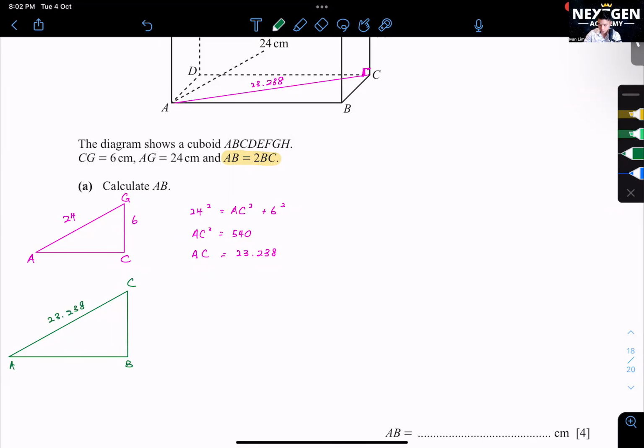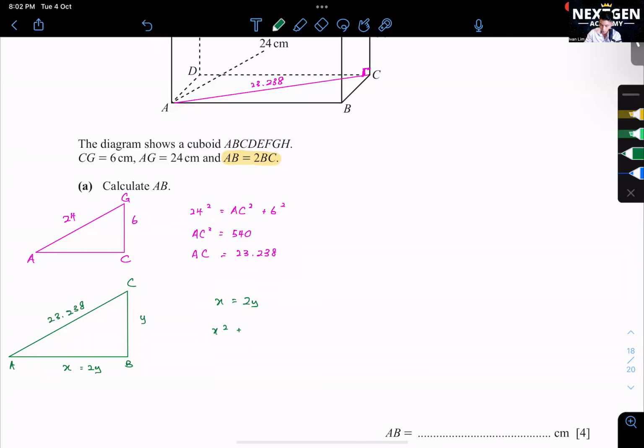Let's say I put here this is X, this is Y. Over here, we know that AB is equal to 2BC. So can I say X is equal to 2Y? Because we cannot have two unknowns to solve. So I can put this into Pythagoras theorem.